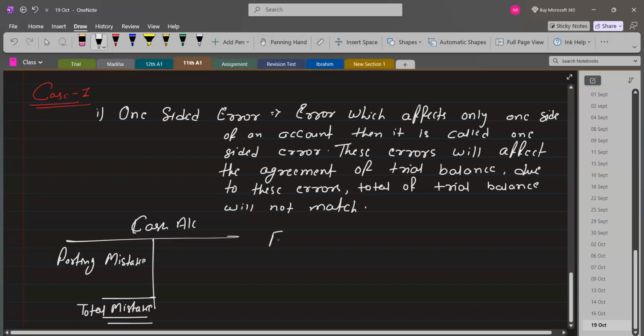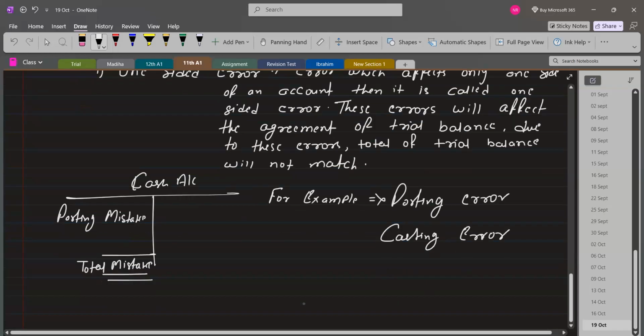So for example, posting mistake, or you can say posting error, then casting error. Okay, so these two things.